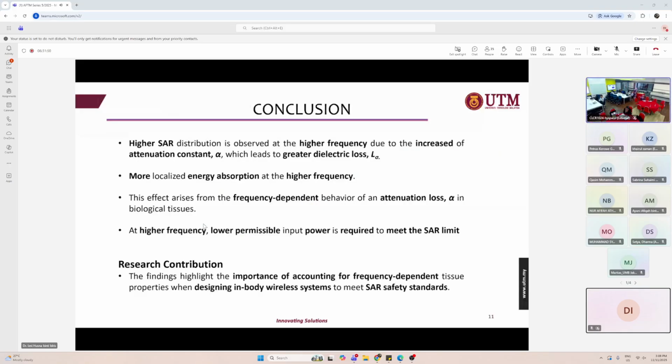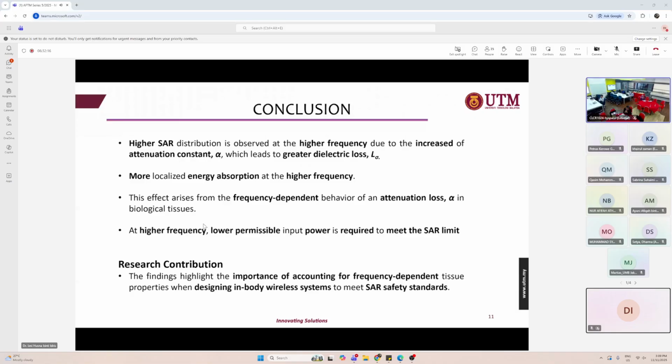For the conclusion, the higher SAR distribution is observed at the higher frequency due to the increase of the attenuation constant, which leads to greater dielectric loss. This means more localized energy absorption at high frequency. This effect arises from the frequency dependent behavior because of the attenuation loss in biological tissue.